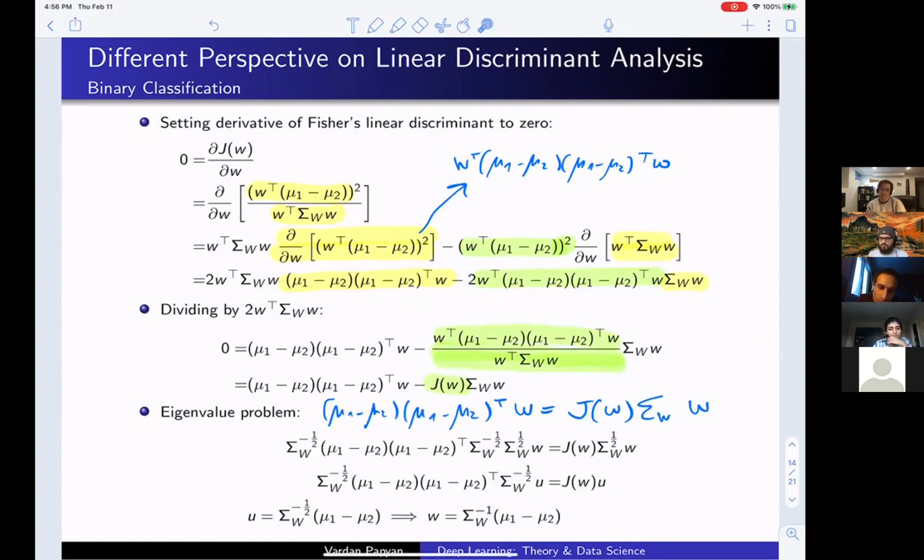Now, moreover, this is a trivial eigenvalue problem. Why is this a trivial eigenvalue problem? What is trivial about this?